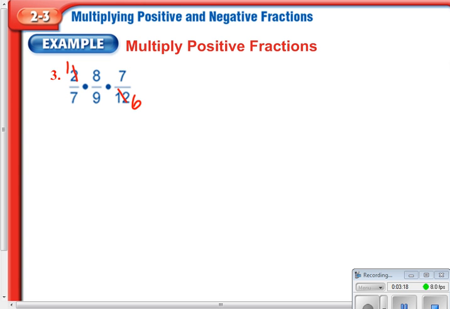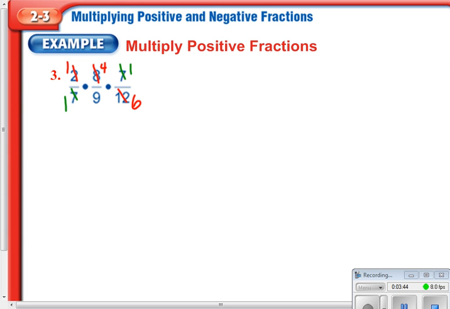Look again diagonally. Well, I can take a 7 out of my numerator, and I can take a 7 out of my denominator. This is now 1, this is 1. Still looking diagonally, I can still take something out. In this case, I can take out a 2. Well, I take a 2 out of this, leaving me with 4. What I take out of the top, I need to take out of the bottom.